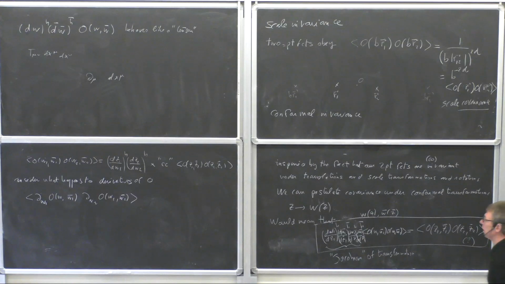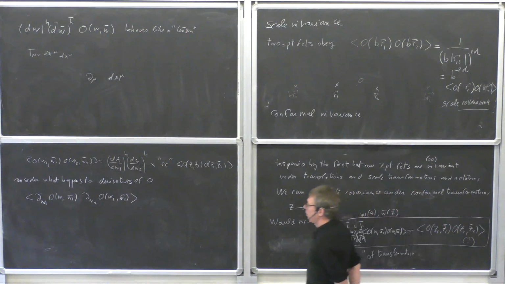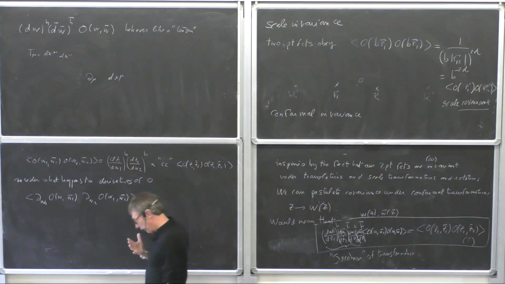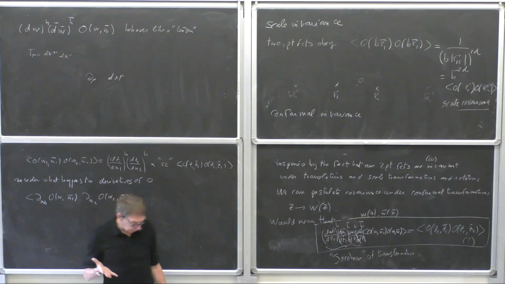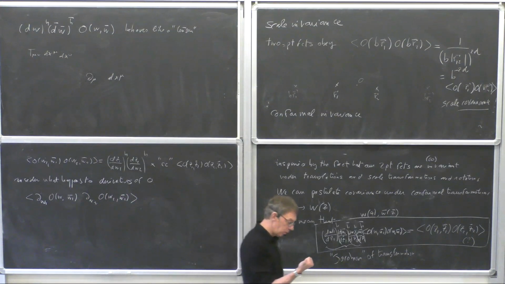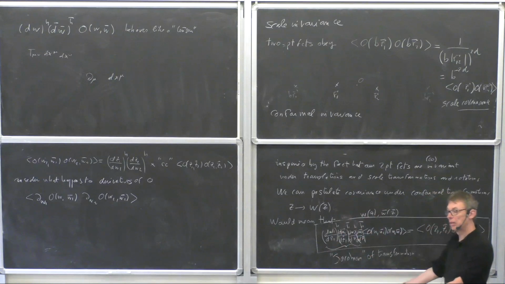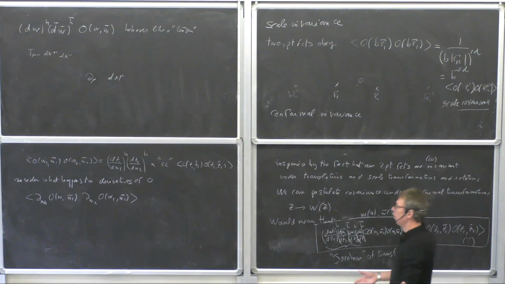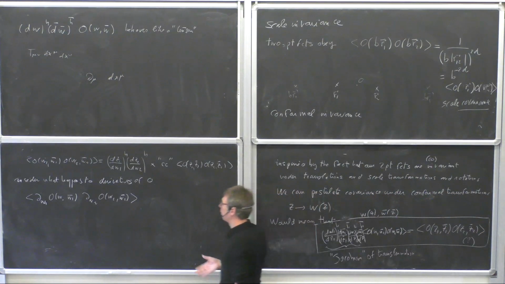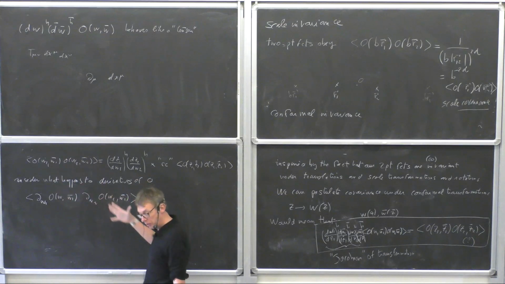Now, of course, something that's very nice about doing statistical field theory is that you don't have to worry about the orders of the fields you put inside your correlator. Very nice. And you do not have to worry about derivatives being inside and outside.